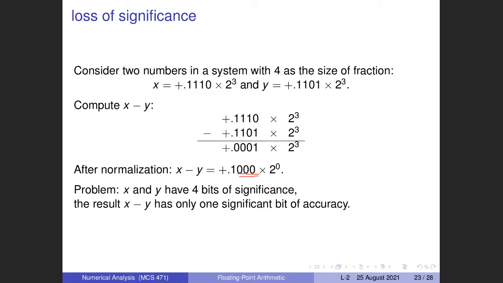We started out with 4 bits of significance. All bits were actually important, and we have inserted 3 zeros to normalize the number. So in some sense, with that number, we have only 1 significant bit anymore. This appears to be completely harmless. And at this point in time, it's not.